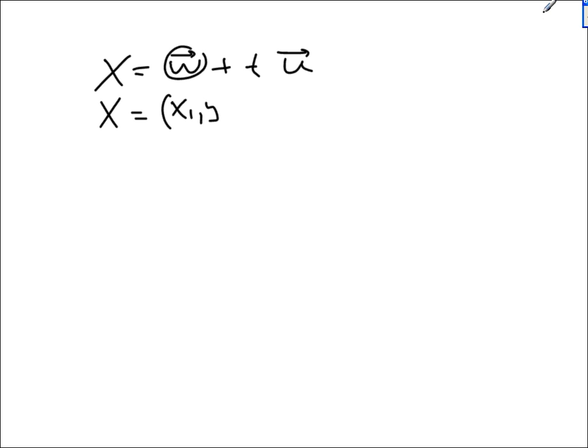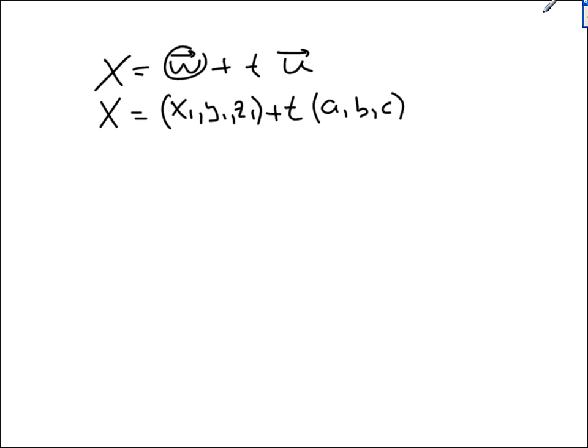Now, we know that x is equal to vector w plus t times vector u. And this is all in R3. And if we call the first vector x1, y1, z1, plus t times, and we'll call u a, b, c.